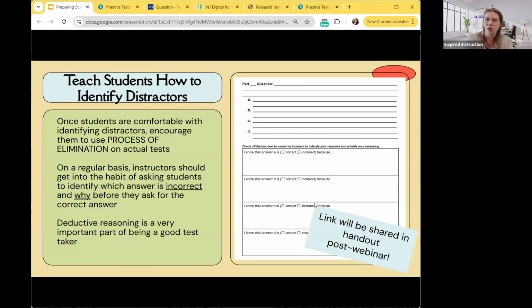Teachers often do it as a gallery walk, and I love it. They put up A, B, C, D on different corners of the room, and kids go over with Post-it notes and put correct or incorrect and why, and then everybody walks around and sees how everybody voted, and then it turns into a group discussion. So again, we're forcing kids to use deductive reasoning and engage in metacognition, not just picking an answer because they have to pick an answer, but picking it because it shows their comprehension of the standards.